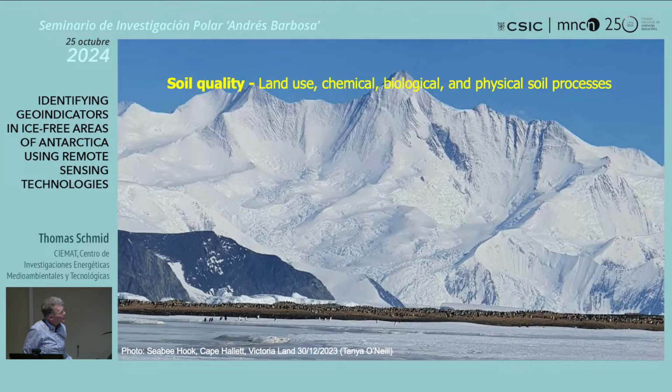But what I want to point out is this small plot of land, which is called CB Hook Cape Hallett. It's an area where about 47,000 penguins rest. They come here to breed. And of course, they deposit their guano, and this is really interesting for soil development.